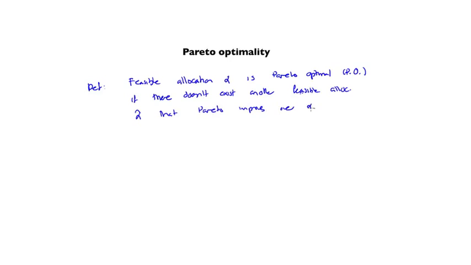It's a little bit of a weird notion if you're not familiar, so let me describe it graphically with some intuition. We have an allocation alpha. It's feasible. And we want to check, is it efficient?